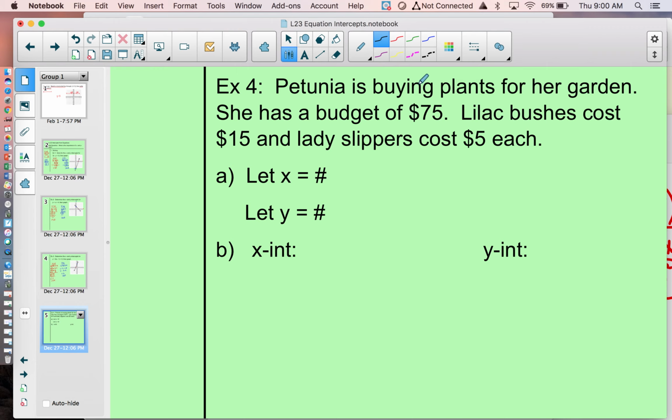Now our last problem here is a word problem. So big deal. Petunia's buying plants for her garden, and she has lilac bushes for $15, and she has lady slippers. Now this might be a little bit confusing here, but what we're talking about is lilacs and lady slippers.